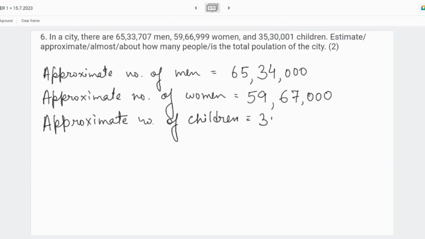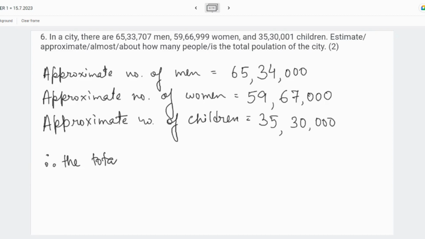Approximate number of children. Over here, see, in the thousands place it's 0, and also on the right hand side of 0 there is another 0. So it will all be converted to 0. 30,000 will remain 30,000. 35 lakh 30,000.